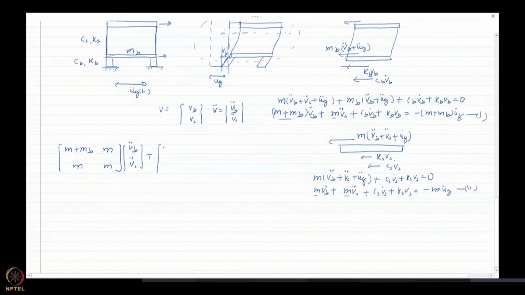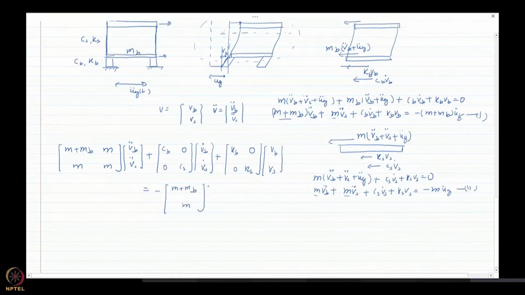Similarly, Cb 0, 0 Cs, times Vb dot and Vs dot, plus Kb 0, 0 Ks, times Vb and Vs. And this is equal to minus of m plus mb, and here m, multiplied with Ug double dot.